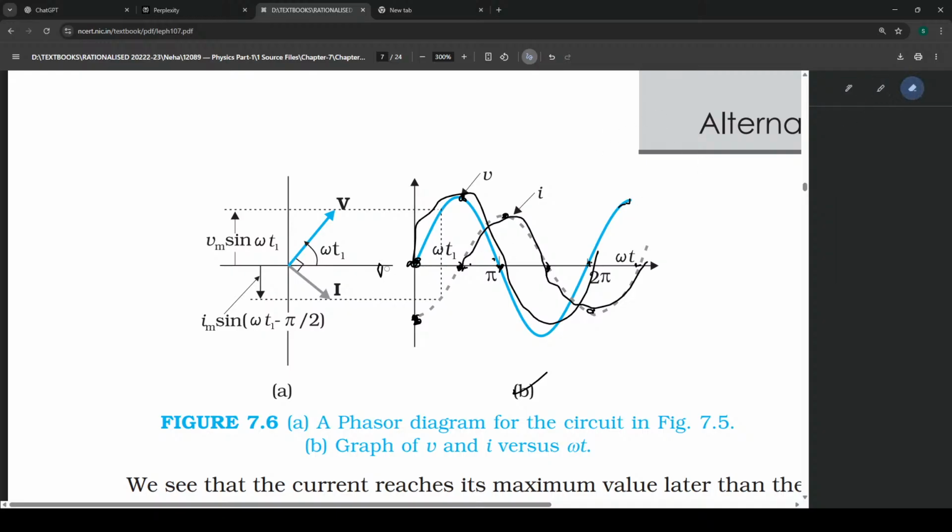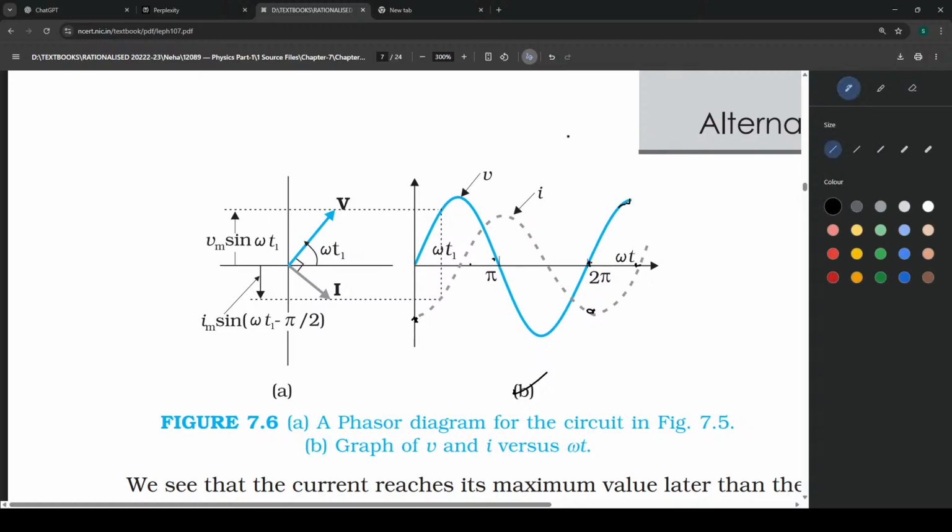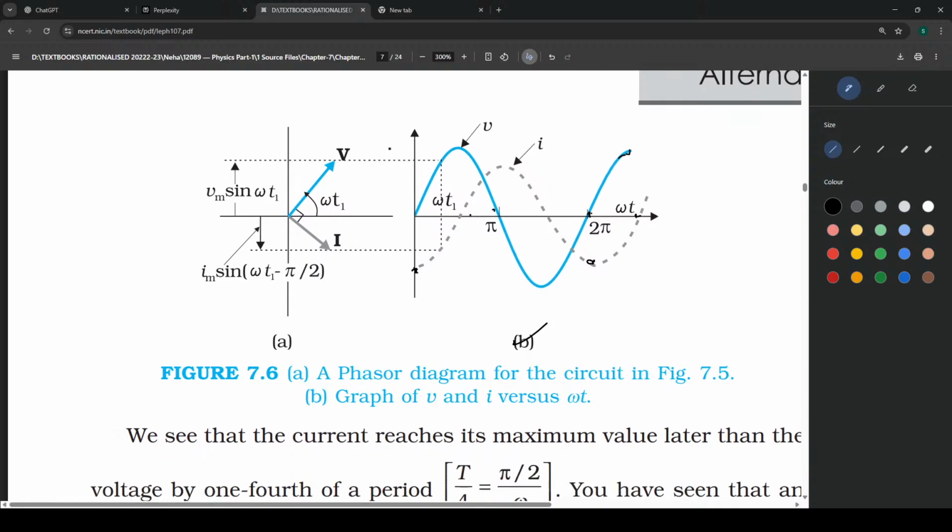Now let's see the phasor diagram. The phasor diagram is clearly different from the pure resistive circuit. This is the potential difference, and this is the current, and there is a 90 degrees gap between them, and current is behind.